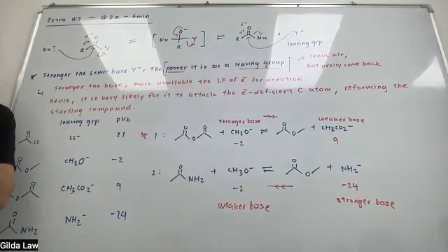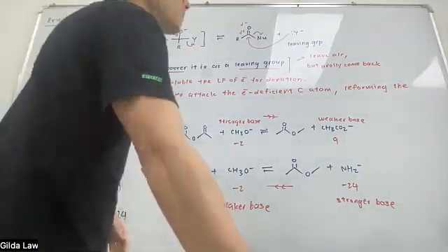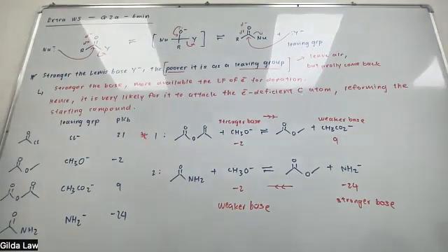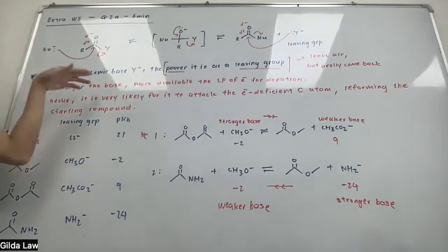Yes. Can I say that this is like the carbon in the center would be more electron rich? Yes, it's an electron donor, but we're talking about a stronger electron donor.